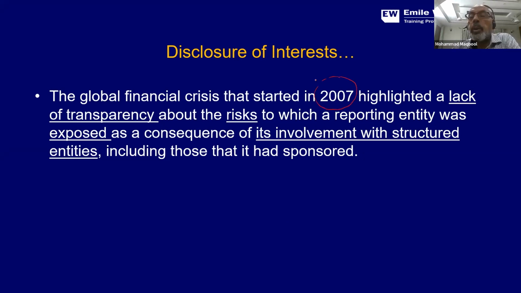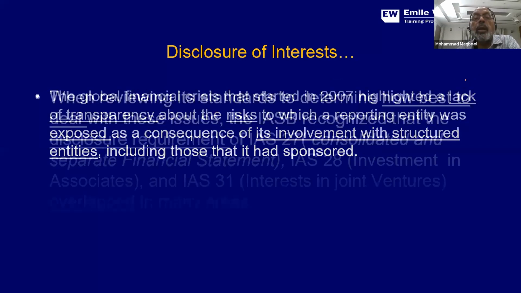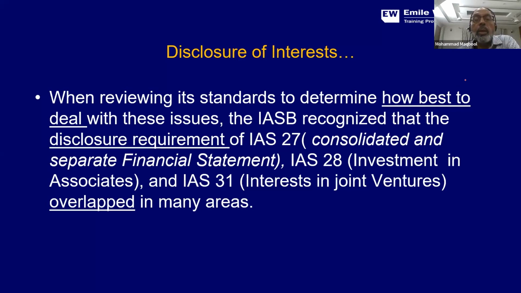It highlighted the lack of transparency about the risk to which a reporting entity was exposed due to its involvement with structured entities, including those it had sponsored. There was a lack of transparency. They also found there was an overlap of many disclosures in IAS 27 and IAS 28.